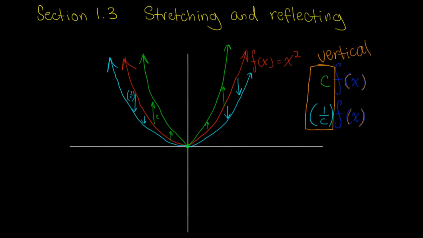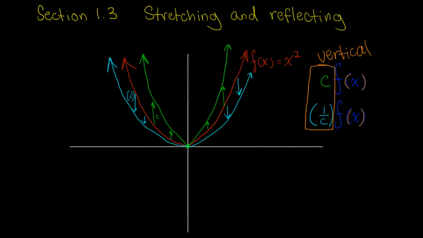Alright, now, what if we multiply c inside the argument? Or what if we divide the argument by c? In other words, multiplying by 1 over c, or argument over c. Then that would be a horizontal stretch and compression.